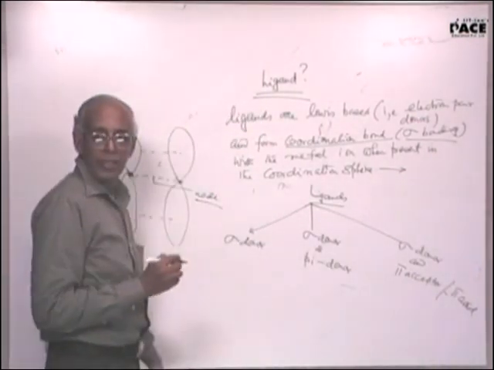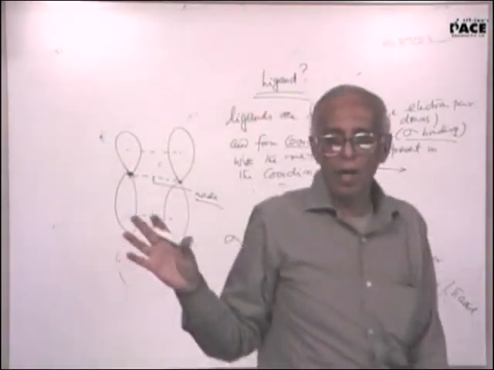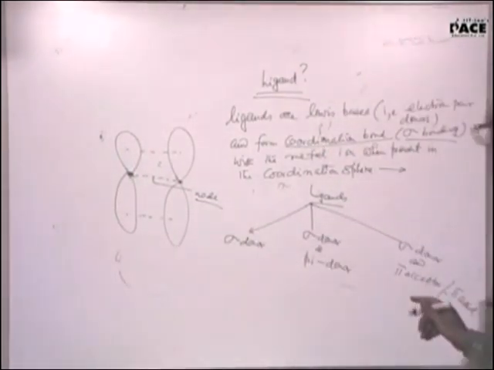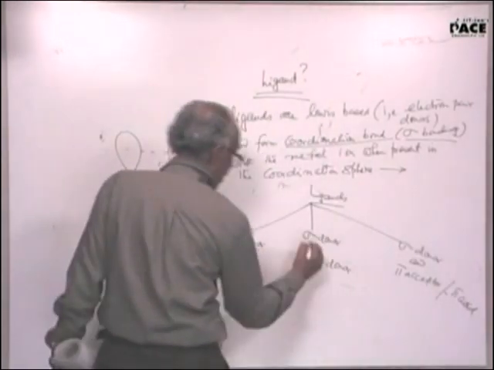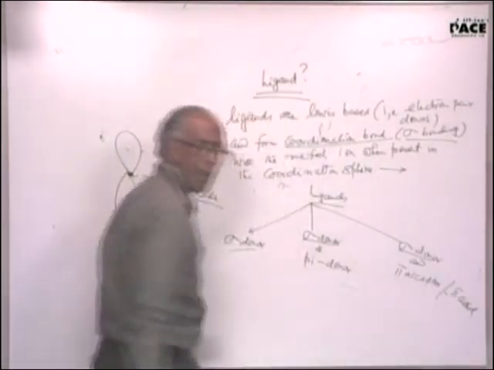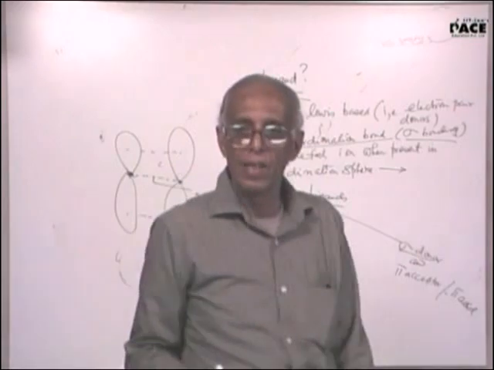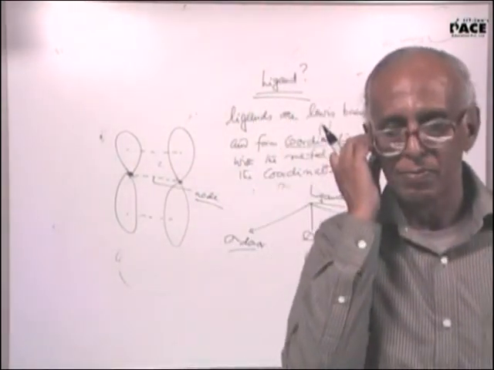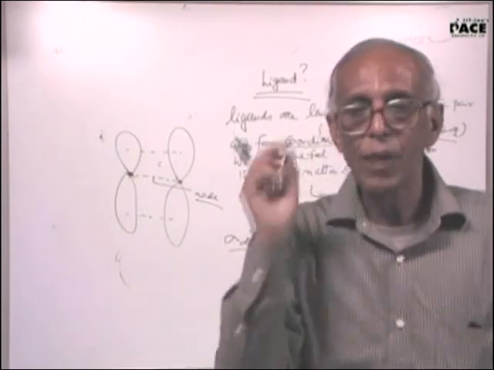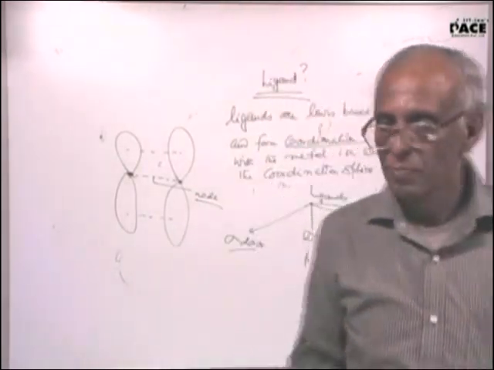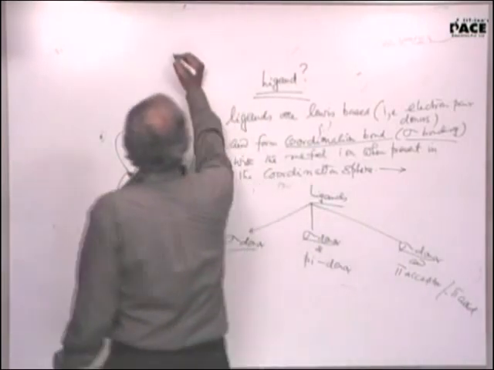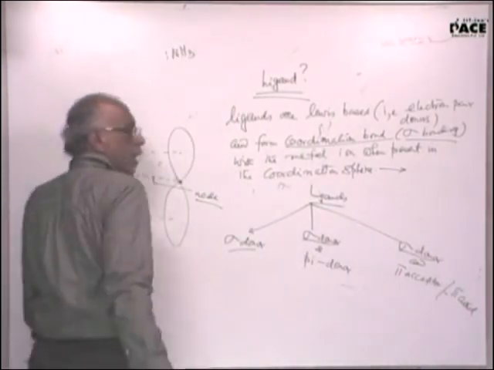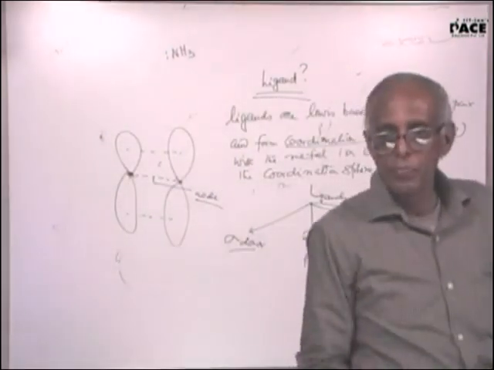What is common in all cases? All are giving a pair of electrons to the metal. So that is why they are sigma donors. Take the ammonia molecule.